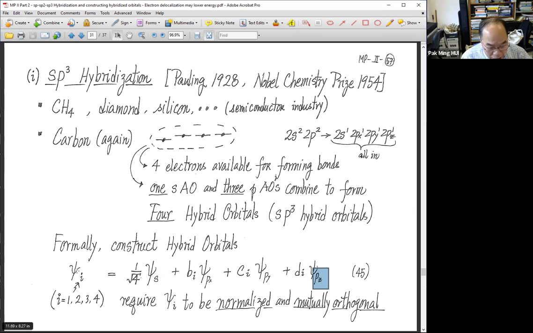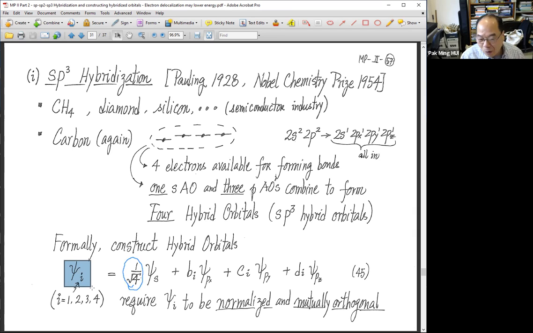Therefore, we will have C1, if to be consistent with the previous one, I should have written it as psi I, but it's the same thing. So we have 4 sp3 hybridized orbitals out. Now, Mr. Mann asked why it's 1/√3 for sp2.